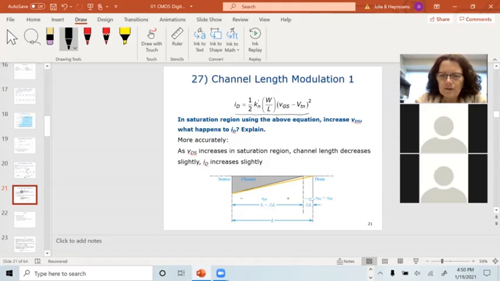I start losing little tiny lengths of the drain because the channel is shrinking, which makes that current flatten out. The argument with this equation is that the higher voltage I put across VDS increases the resistance exactly enough to keep the current constant. Well, that's not true. The current's going to go up ever so slightly.